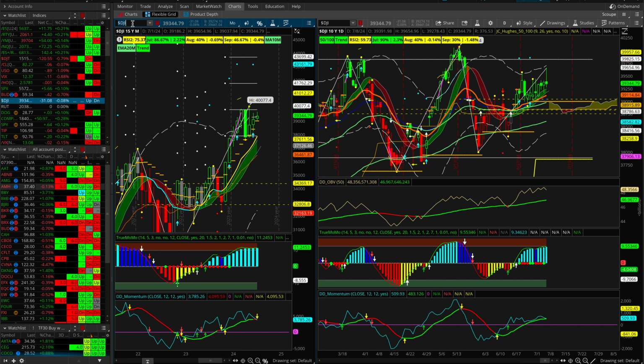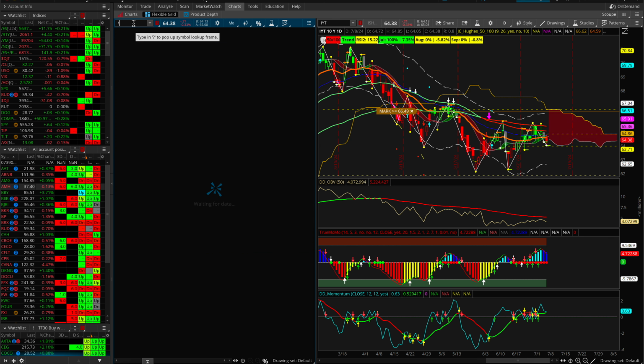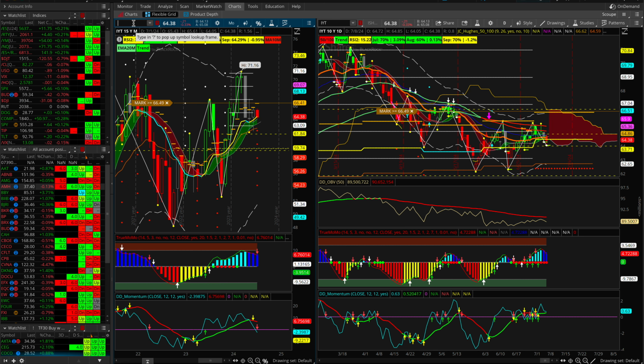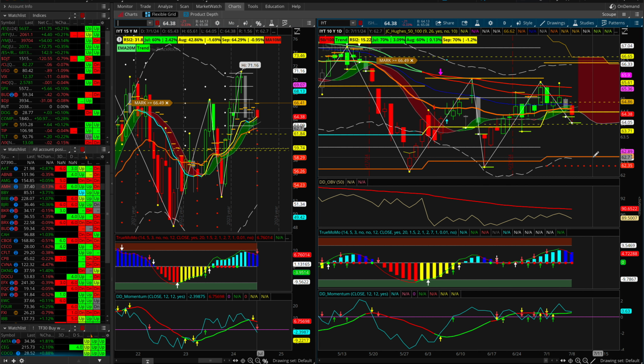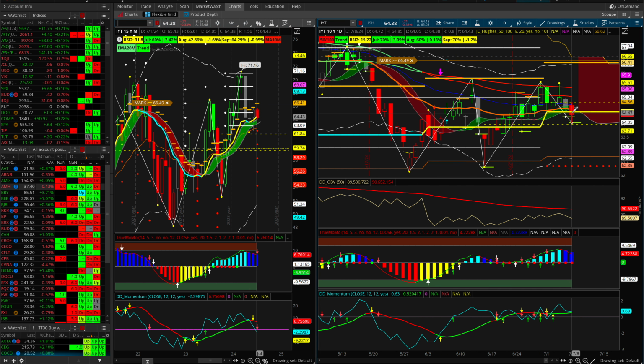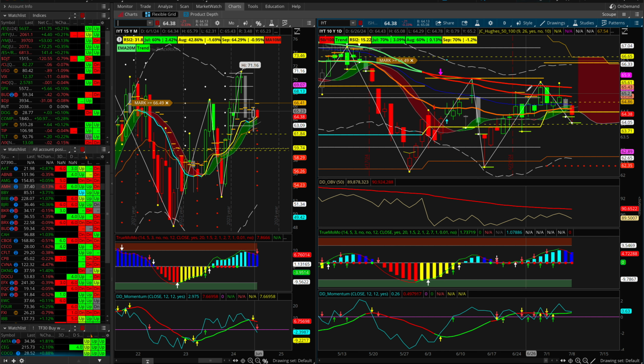and let's look at IYT, which is the Transportation Index. Sorry about that. All right. This one's a little messed up. We're under the ribbon. We're a red candle. We're under the 50 and the 100, which are the red lines. They turn red when they're in the bearish direction.